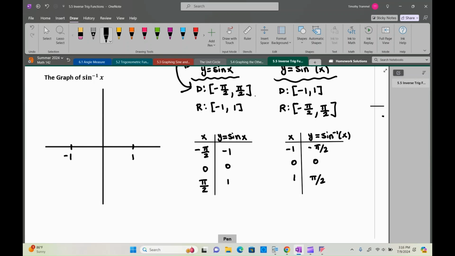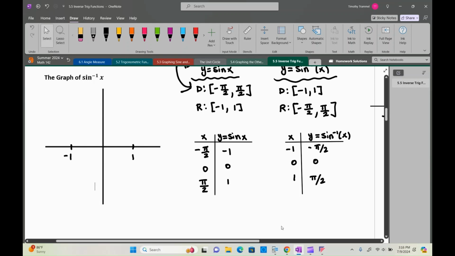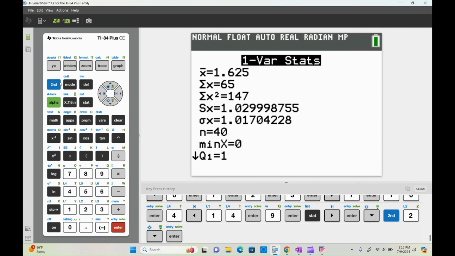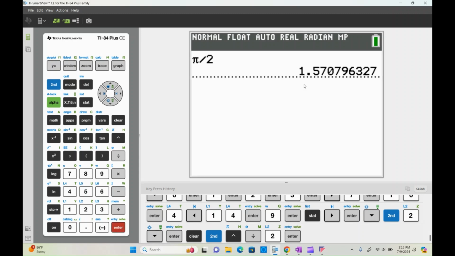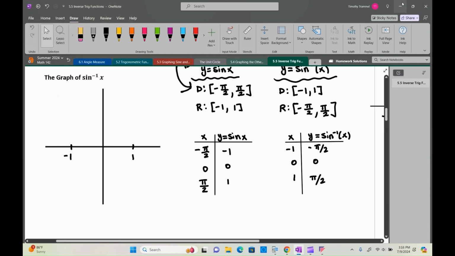Let's see if pi over 2 is a number that's bigger than or smaller than 1. Let's see. Pi over 2. It should be bigger than 1. You can see it's about 1.5. Okay. So my pi over 2s, I'm going to maybe make those go up a little bit higher. So if this is 1, maybe this could be 1.5-ish. I'm going to actually write it in as pi over 2.